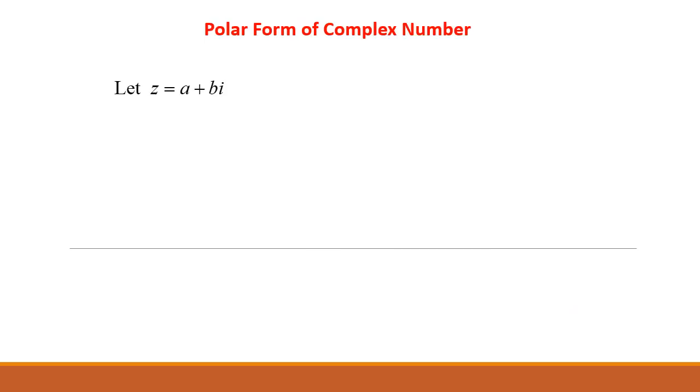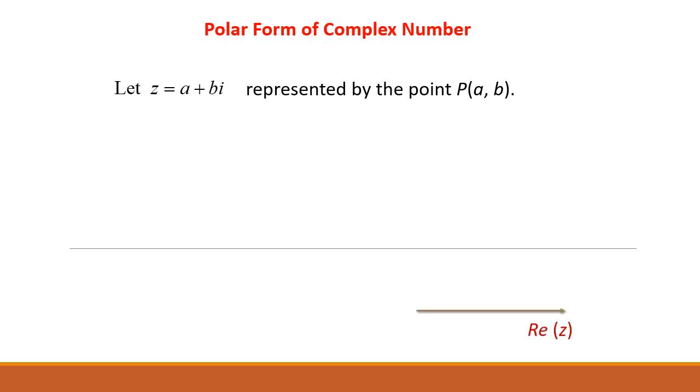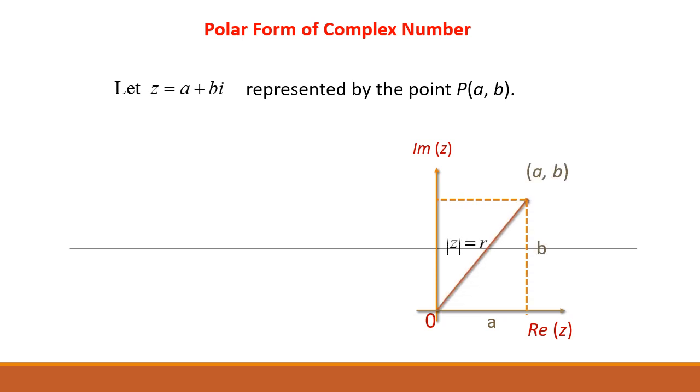Okay, polar form of a complex number. The Cartesian form is z equal to a plus bi, so it is represented by the point (a, b). On the Argand diagram, this is how we sketch the point. We have this point (a, b), and we have the modulus here, and we also have the argument. From the diagram, we know that a over r equals cos theta. Why?